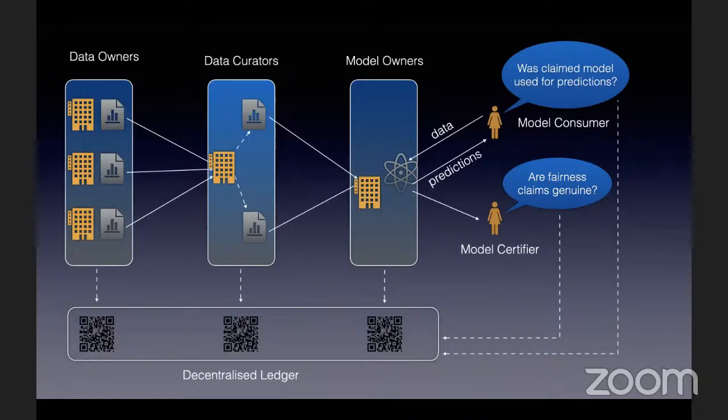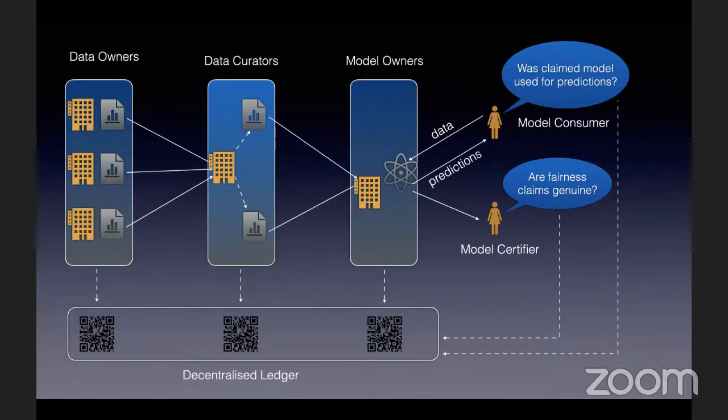Similarly, model owners, the model represents intellectual property for them, so they don't want to put out their models in the open. So I mean, it would seem that we are arriving at a paradox, right? We want greater visibility. We want to know how these predictions are obtained. At the same time, we don't want to show these assets to anybody.